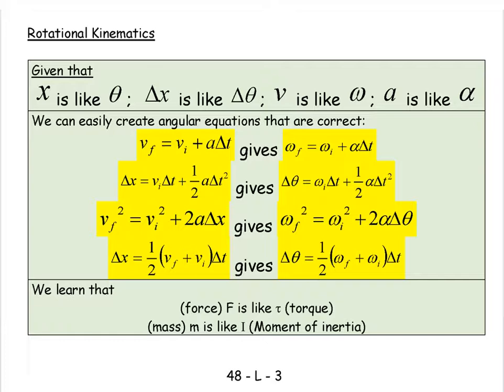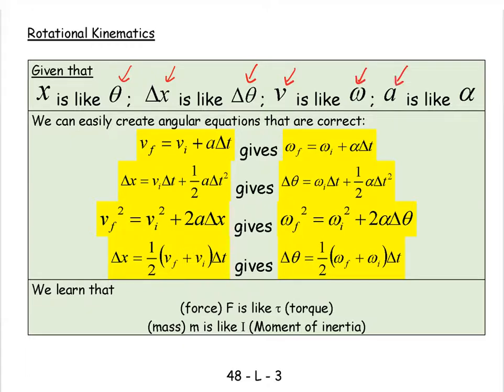So we can actually do a thing called rotational kinematics, where basically we've got to recognize that what we used to call x, the linear position, is like theta, our angular position. And what we used to call delta x, which was our displacement, is now delta theta, which is our angular displacement. What we used to call v, our velocity, is now omega, our angular velocity.